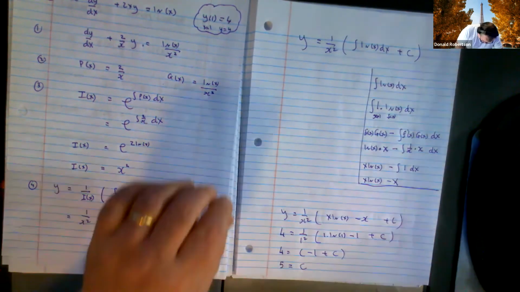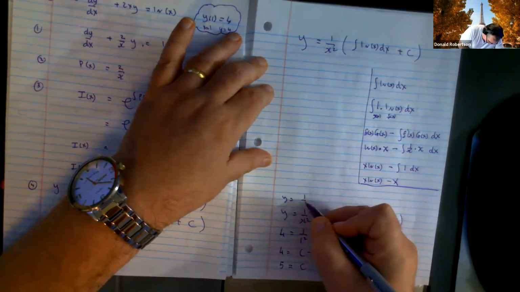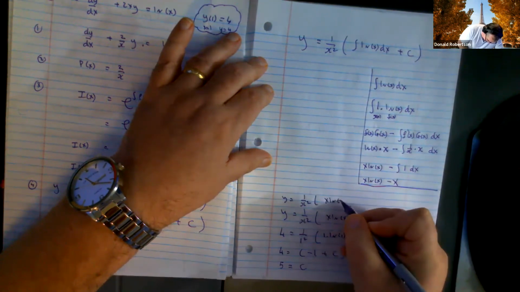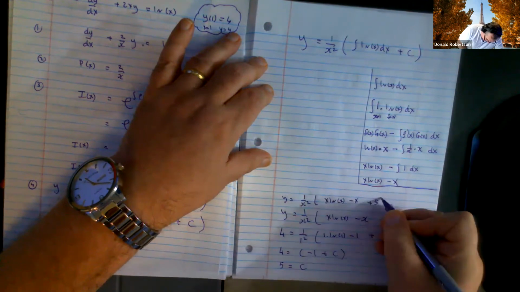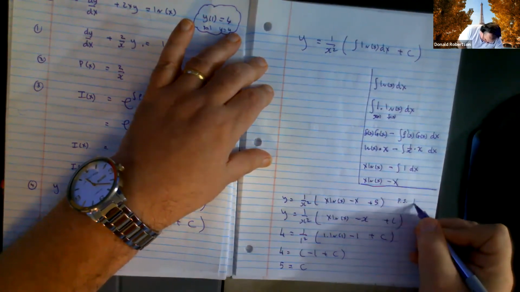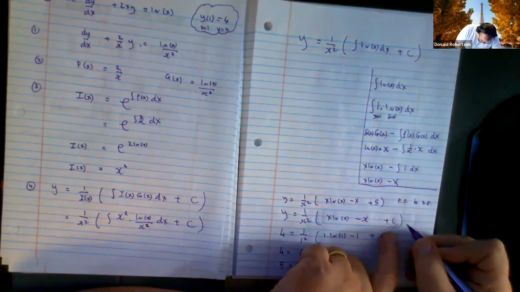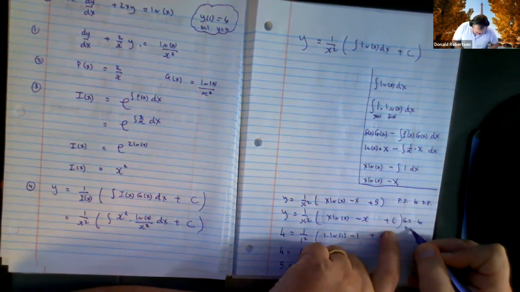So our final solution, called the particular solution, is x log x, take away an x, add a 5. And we call that situation the particular solution to a differential equation. And the one with the plus c is called the general solution to the differential equation.